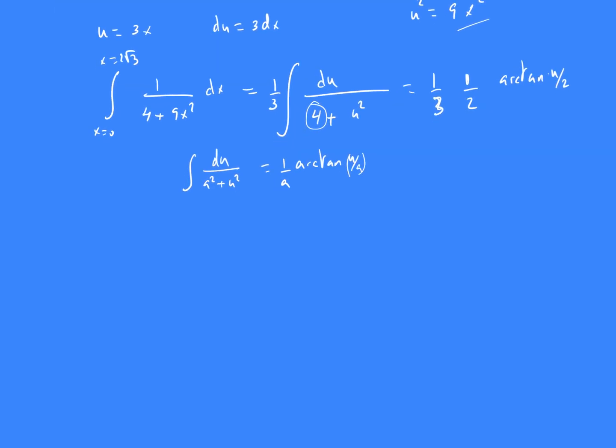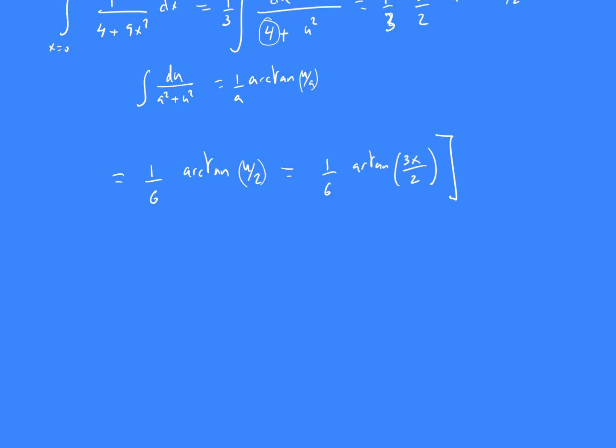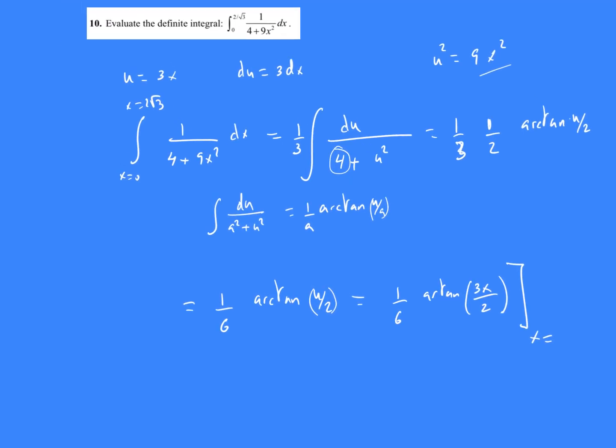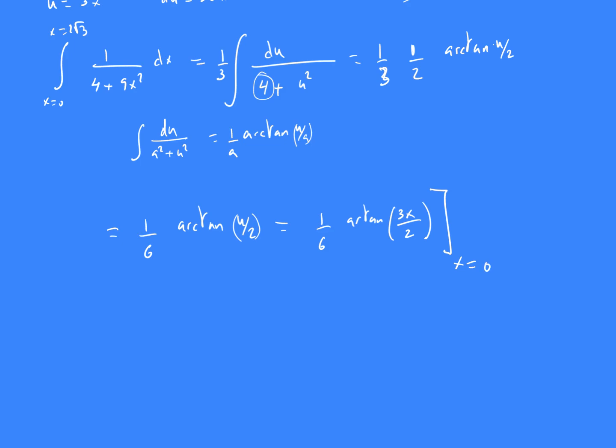So this integral will be 1/6 arctangent of u divided by 2, but u is 3x, so it is 1/6 arctangent of 3x divided by 2. Now we have to evaluate this between x equals 0 and x equals 2 square root of 3.